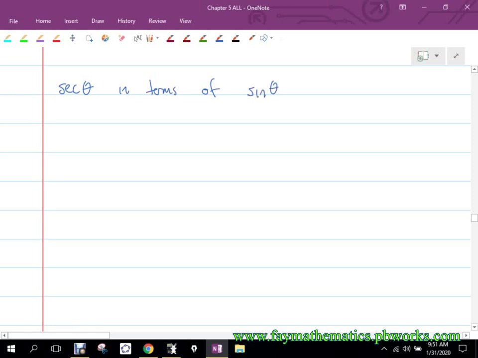We go through our trig identities, and I'm looking for ones that relate secant and sine, and there are none, okay? But there is one like this. Does that relate secant and tangent? So that's close. And the reason that's close is because the tangent has a sine in it.